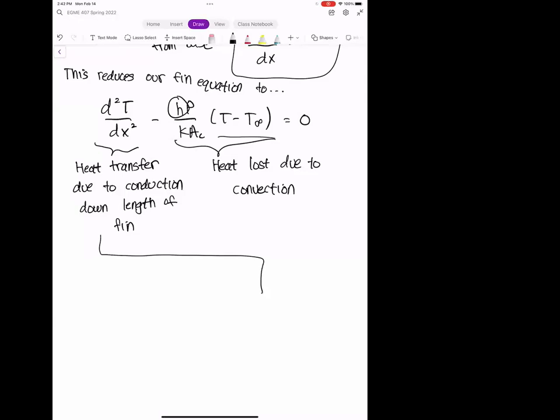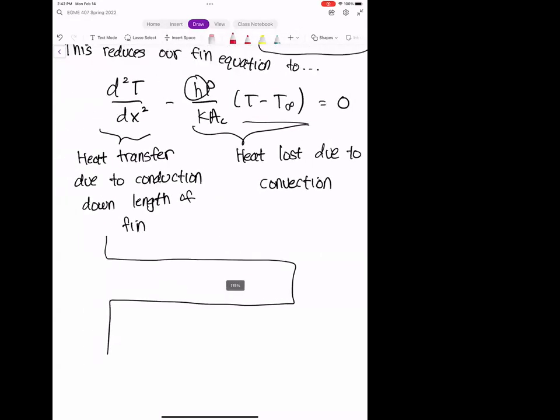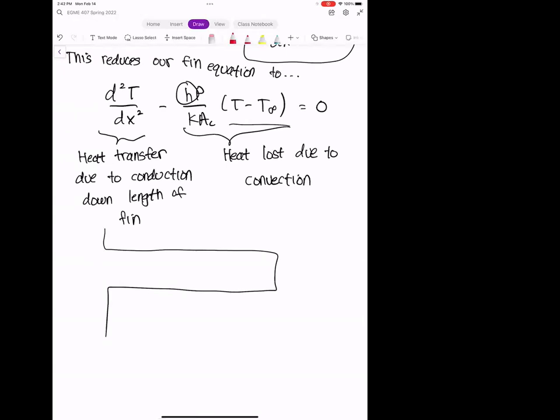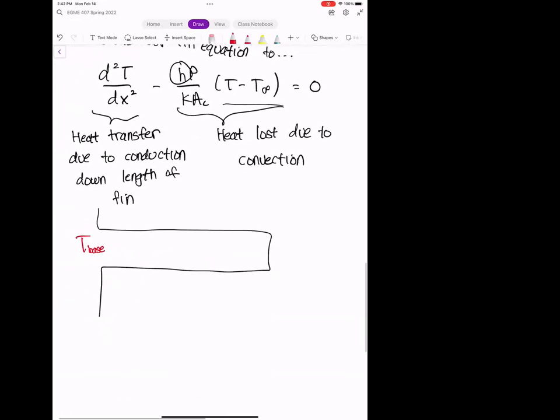If you want a visual representation of this, we have our fin like this. Usually what's going to happen is that the base of the fin is going to be hotter than the ambient temperature. And so we have T base, the temperature of the base of the fin, and of course, we have T infinity.